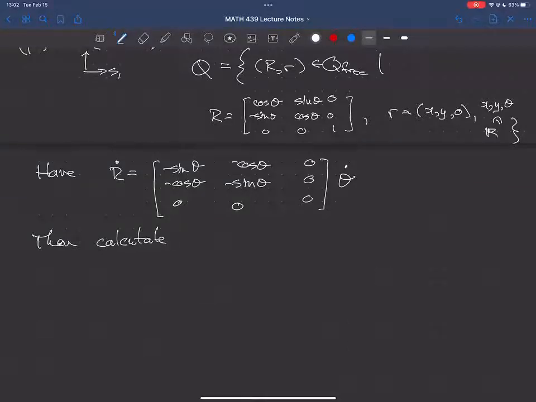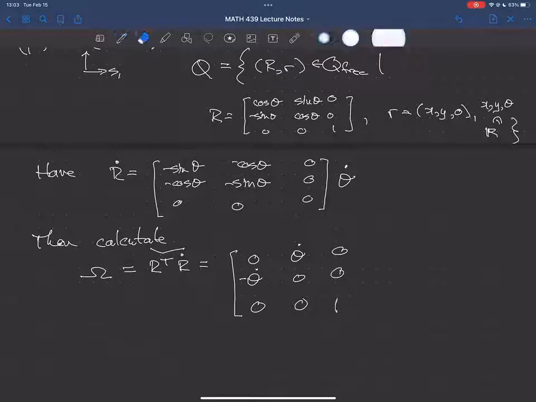Now to calculate, say, the body angular velocity, well, the definition is simply R transpose R dot. And if you do the matrix multiplication, what you get should be 0, minus theta dot, 0, theta dot, 0, 0, 0, 0, 0.